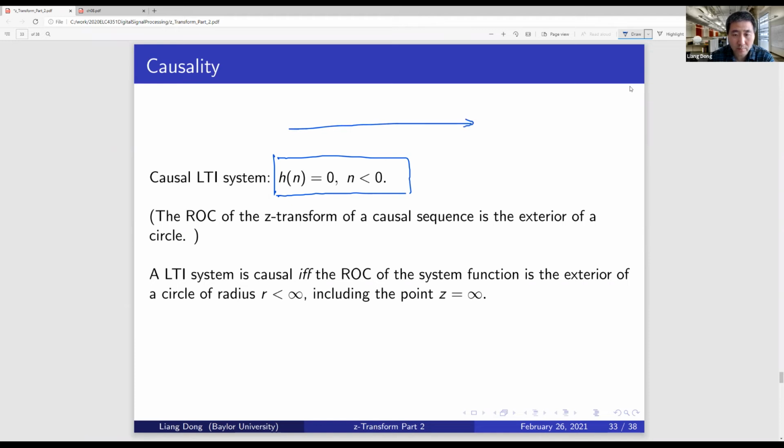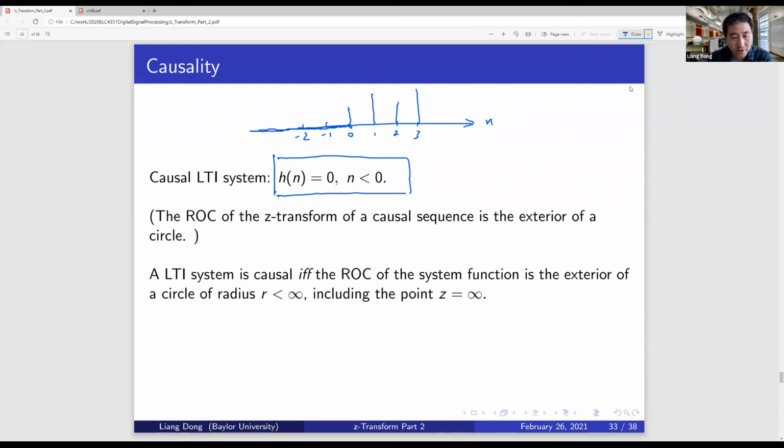So if you draw this on a picture, this is time n: 0, 1, 2, 3, -1, -2. A causal system has some h here, but you're not going to have h here. That's all zeros. So that's a causal linear time invariant system.